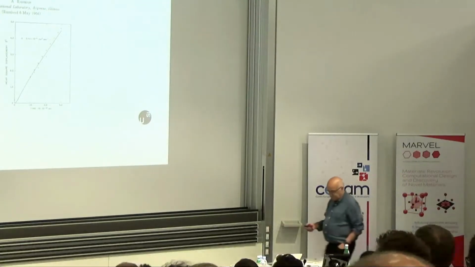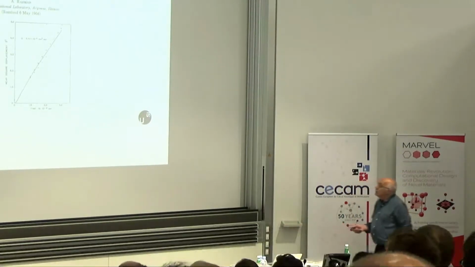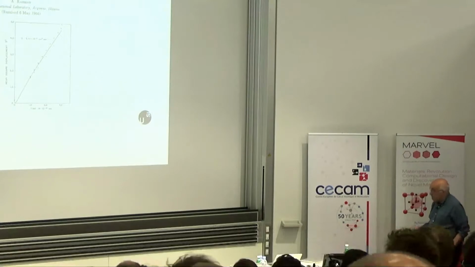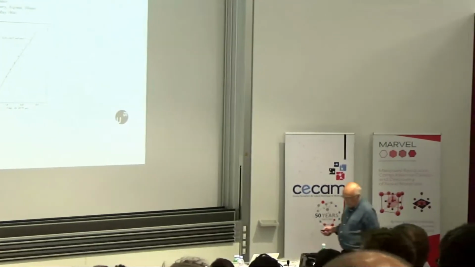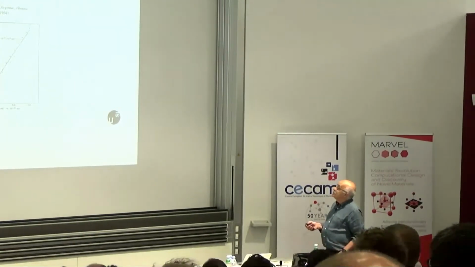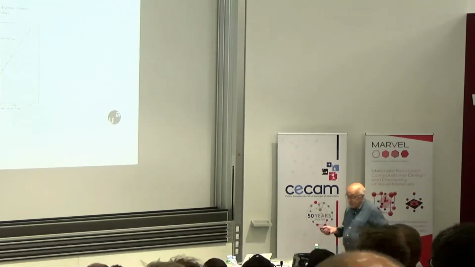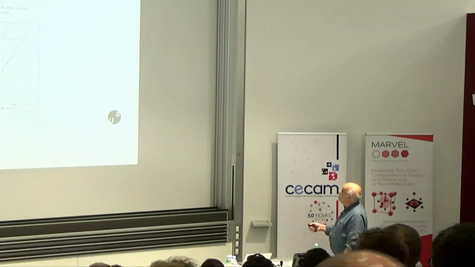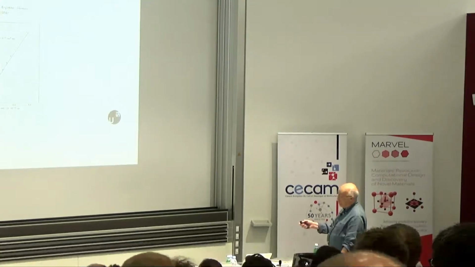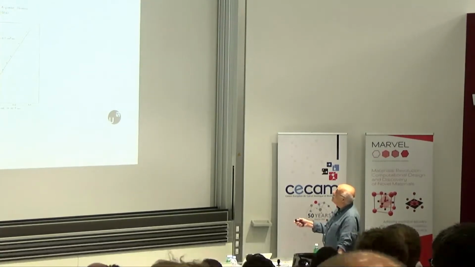Okay, so from my point of view, and for many others, the moment in which molecular dynamics started in the way that we practice today can be traced back to the work of Anis Rahman, whom I had the great fortune of working with. This is a paper of 1964.